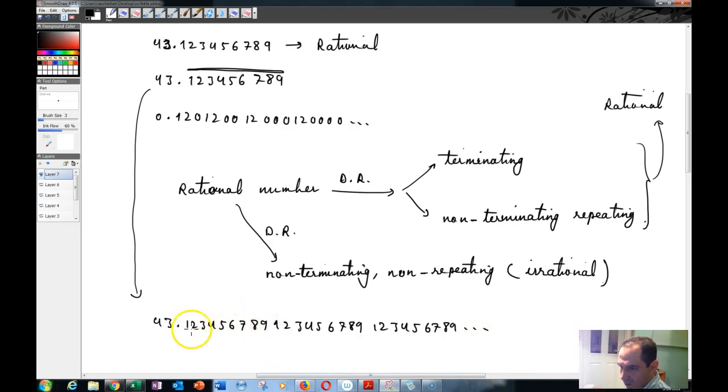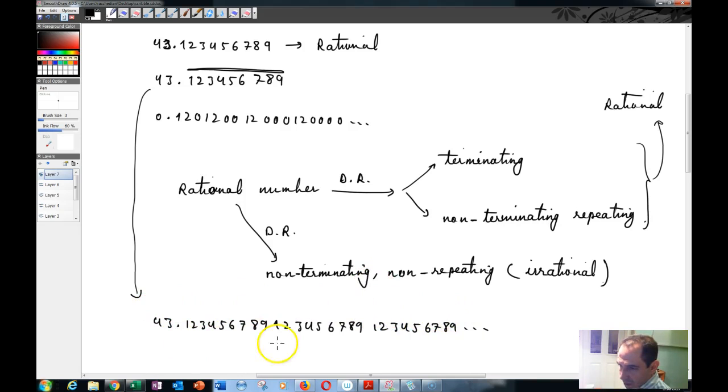So the block 1 through 9 is repeating itself over and over again. This is again a rational number, meaning that you will get the same kind of remainders, and then the same block of digits repeats itself in the quotient.